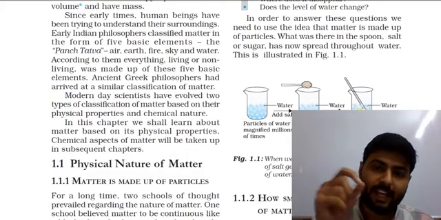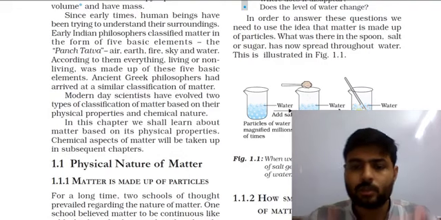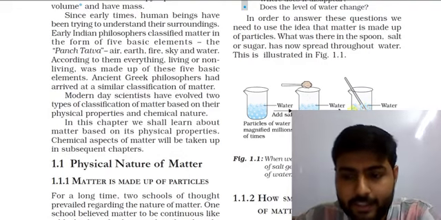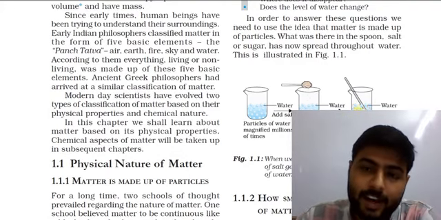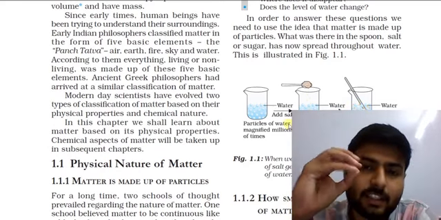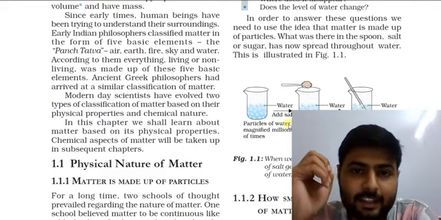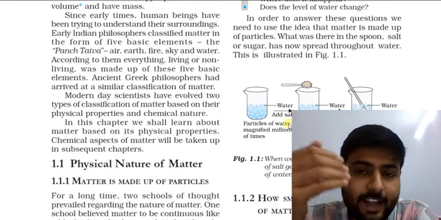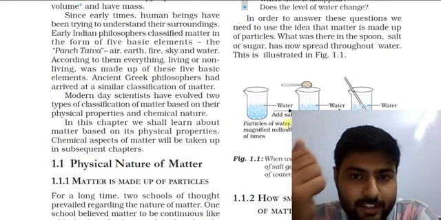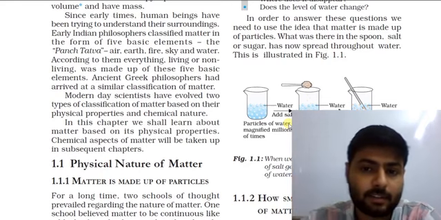So salt can arrange between the water particles only when there is some space between them, and it can dissolve in it because it is in the form of particles.